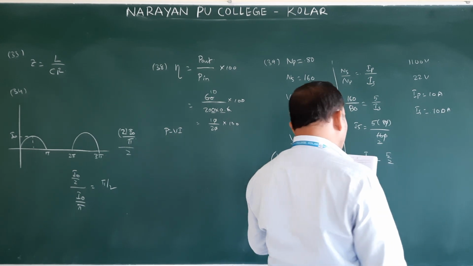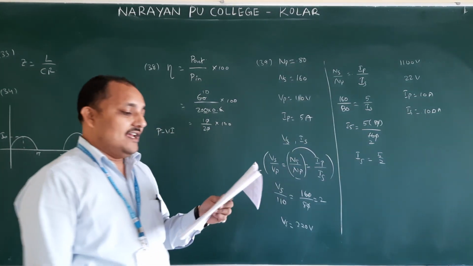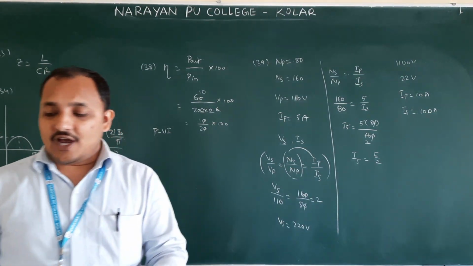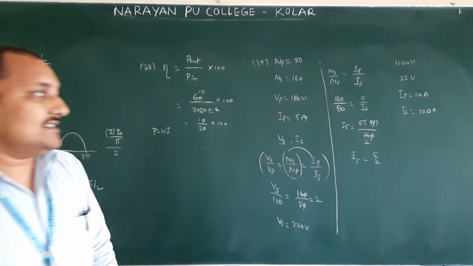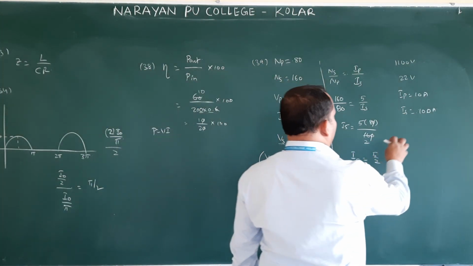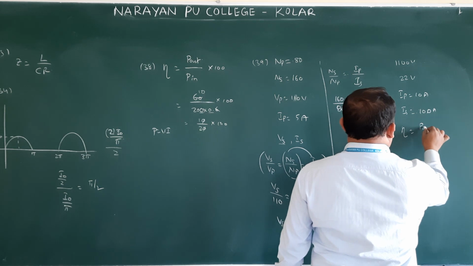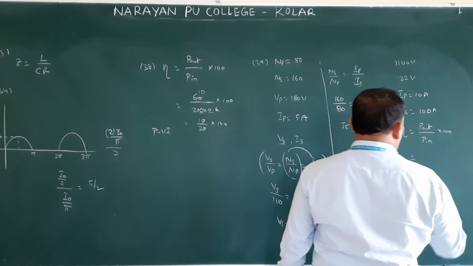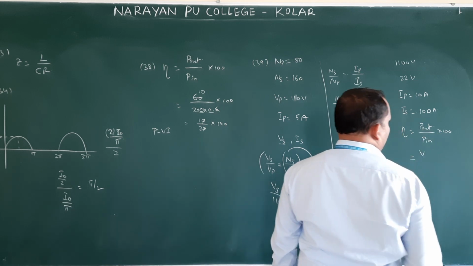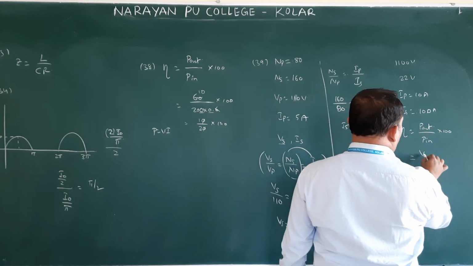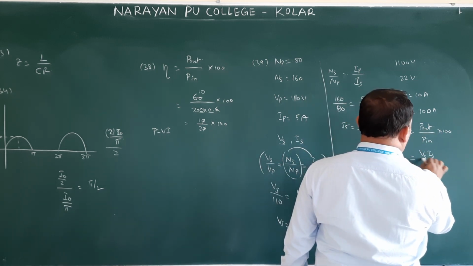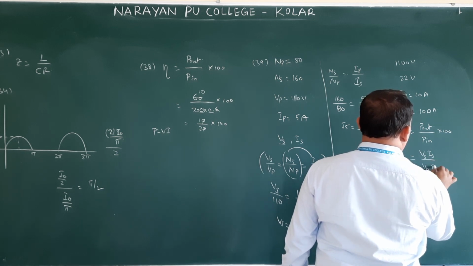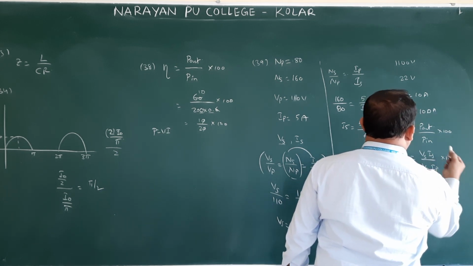The efficiency of the transformer is, efficiency means you have to take the eta formula. Eta is equal to P output by P input into 100. Output means Vs Is by Vp Ip into 100.